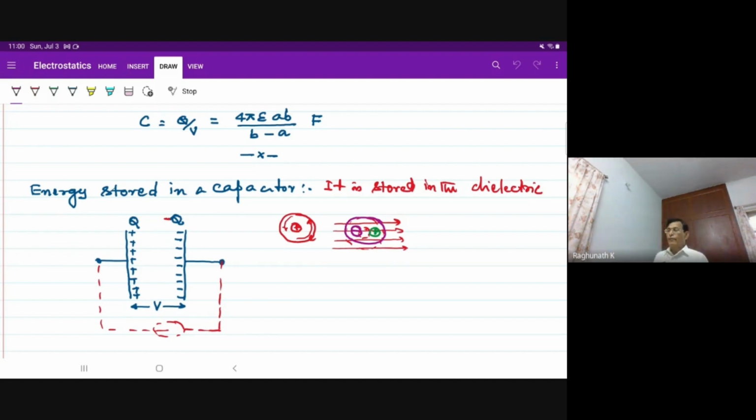Listen carefully, if any capacitor is charged with Q coulombs of charge so that the potential difference between the plates is V, the energy stored in the capacitor E is equal to, tell me, what is the energy stored in the capacitor? Half QV. This is what we derive also.